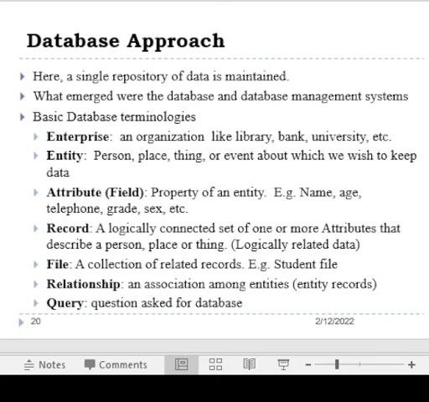The other one is the database approach. The database approach uses a single repository for data management. One of the main characteristics of the database approach is to support data abstraction.